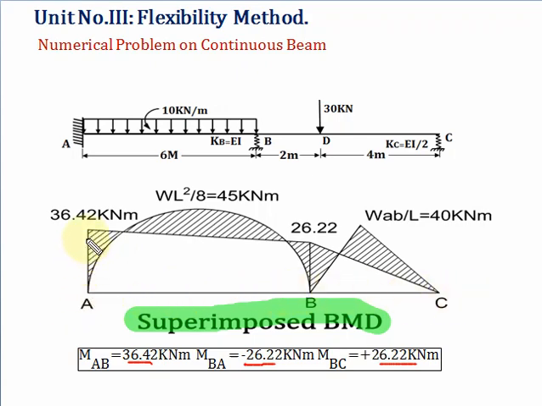At A you have to show the moment by a vertical line 36.42. At support B there are two values, one is minus, another is plus. Though the values are plus minus, you have to show above the point B. That value is 26.22. There you have to join this by a straight line.